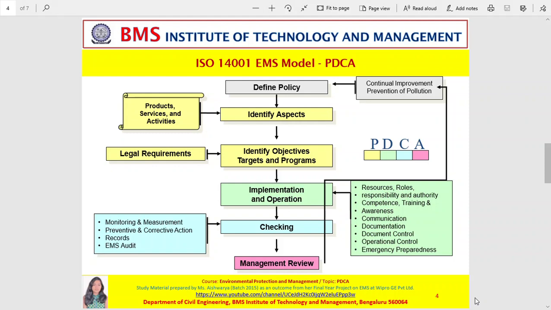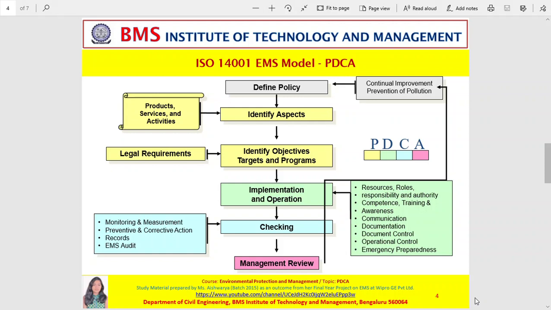As a result of the management review, the policy may be updated, the environmental objectives and targets may be revised, and the main motto of having a management review is to achieve continual improvement, which forms the basis of an environmental management system.